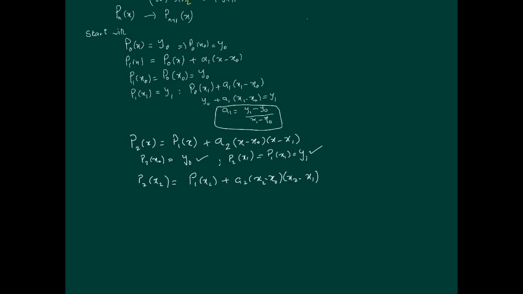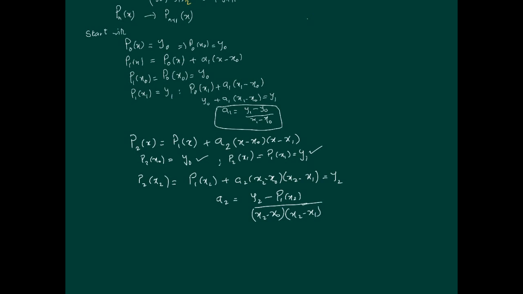So this means that this should be equal to y2. We rearrange the equation. Remember, P1 of x2 is not available right now. We can get it, but we'll have to substitute it in there and the previous expression for P1. But instead of doing that, let's just rewrite this for the time being as a2 is equal to y2 minus P1 of x2. Now we get this expression.